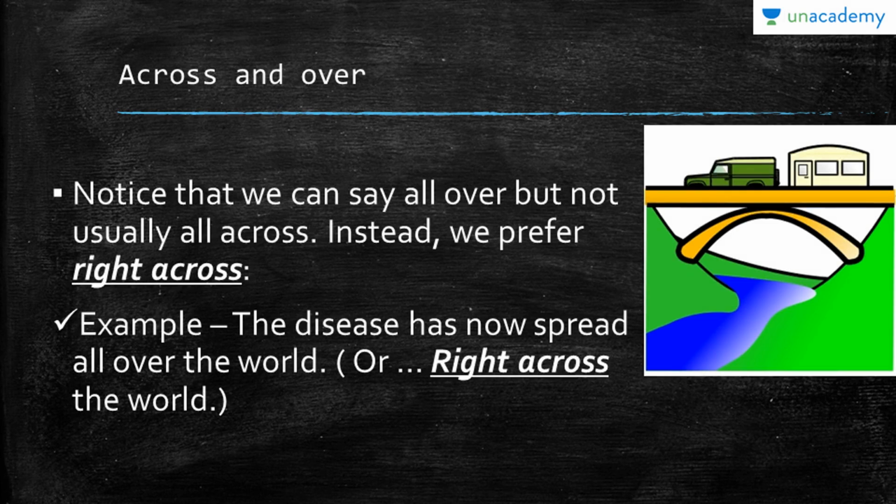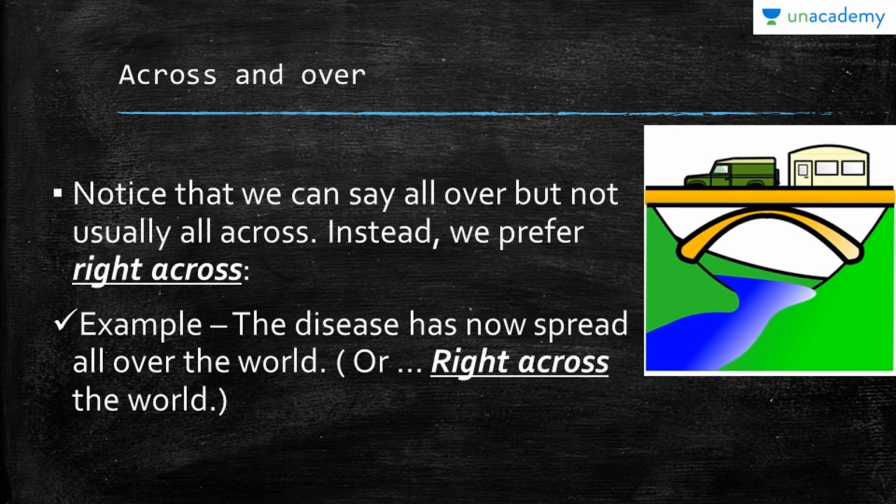Moving on, across and over. Notice that we can say all over, but not usually all across. Instead, we prefer right across. This is part of the prepositional collocation we are focusing on. For example, take an oil spill all over the surface of the ground or the surface of the room.